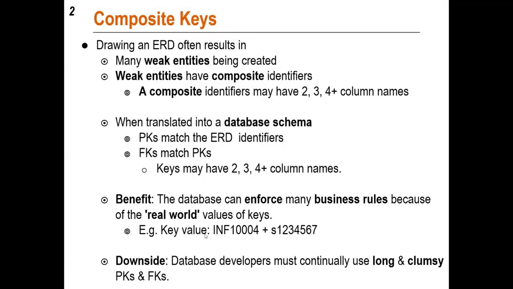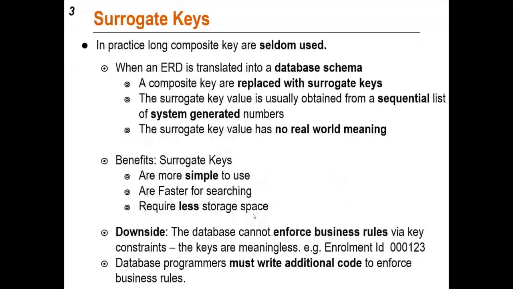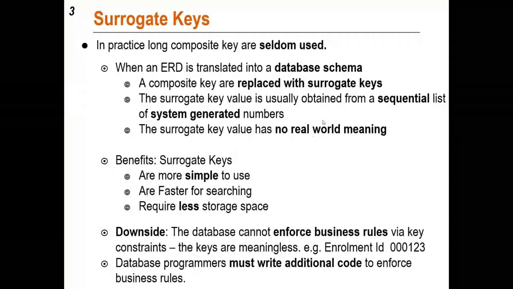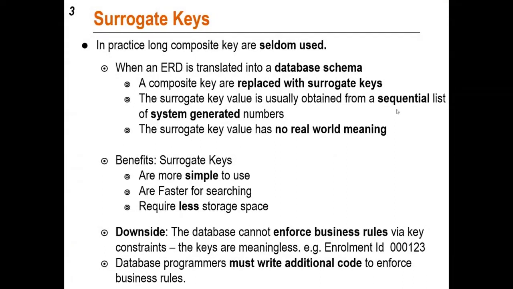What we do in practice is usually replace these composite keys with surrogate keys. Surrogate keys are introduced keys, generated by a database management system, a sequential key from a list, so an auto-generated number.